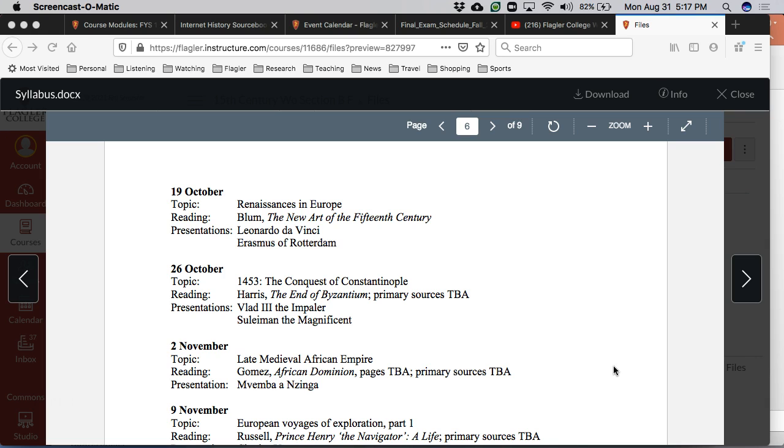Is there any way, if we know a good bit about other Renaissance artists, that if we decide to do a presentation we could do a different artist? Of course. I put Da Vinci on there because he gets at a lot of the themes that I'm interested in for this.